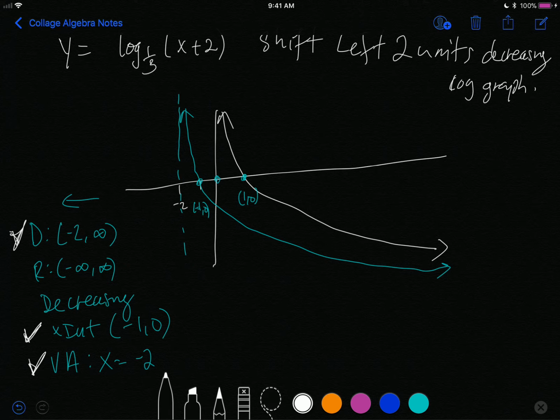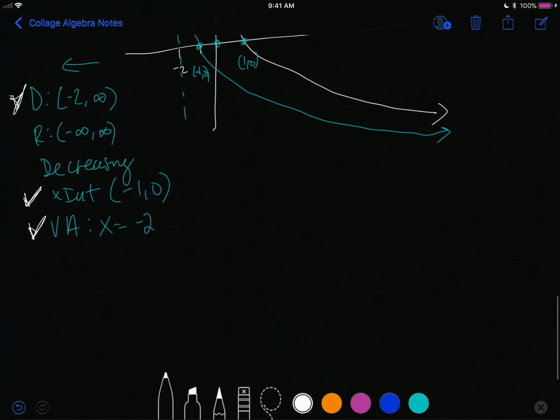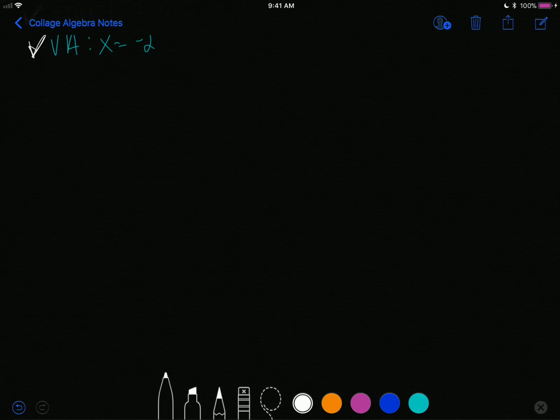The last thing we look at is flipping the graph. If you make the graph upside down over the x-axis, or you flip the graph over the y-axis, how does that change the properties of our graph? Y is equal to negative log base 3 of x. This right here is a reflection. Can you remember which axis?